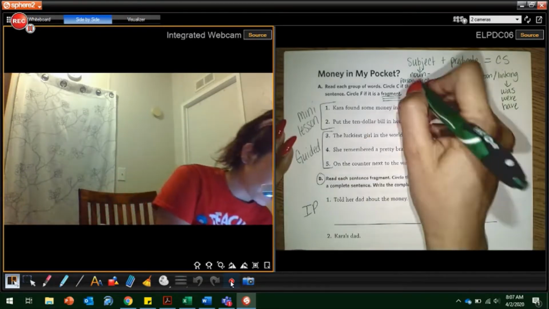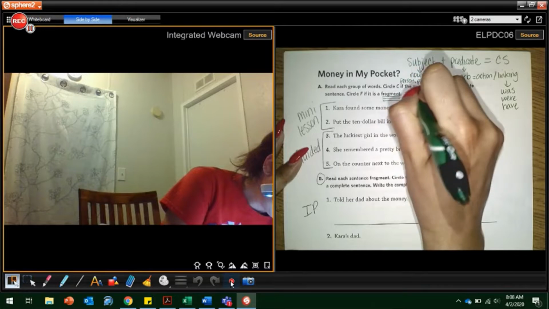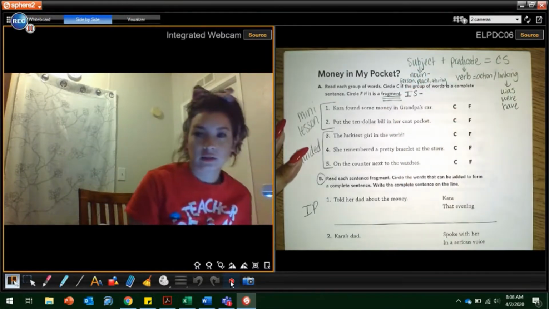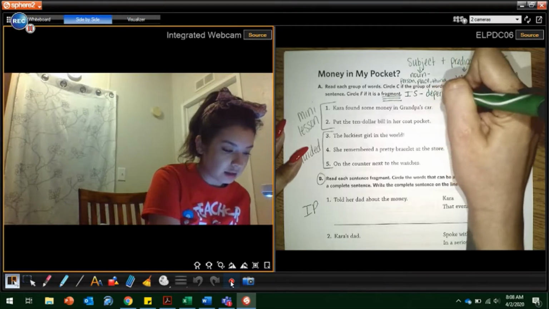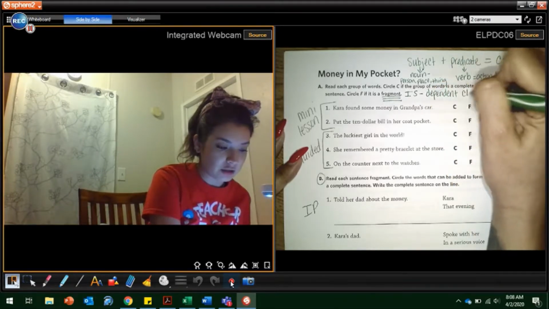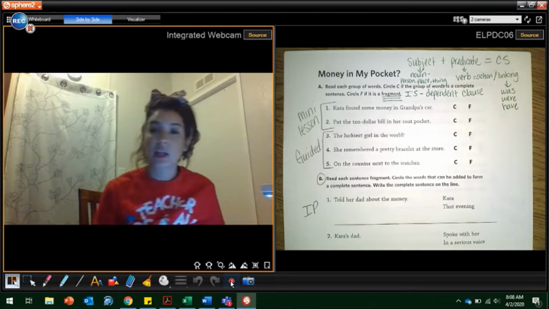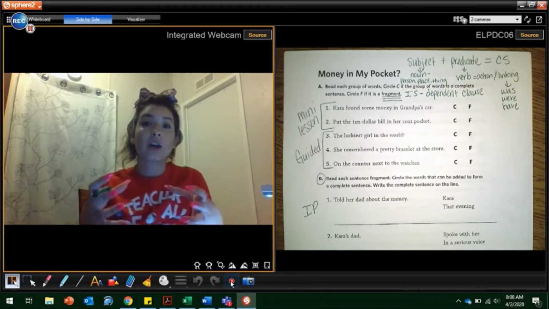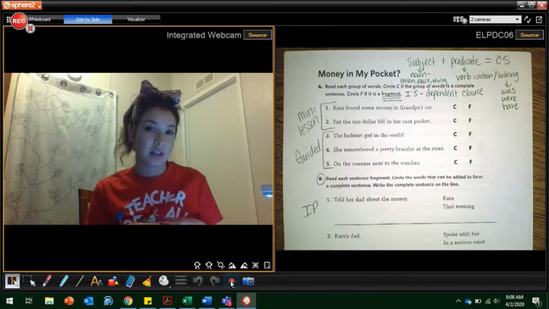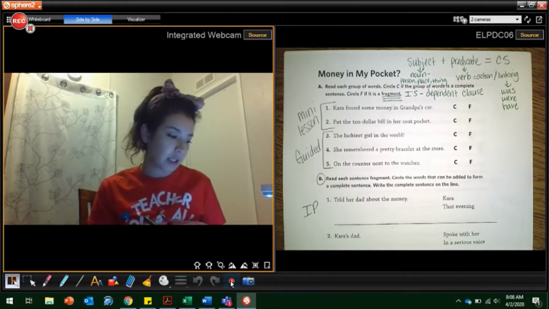So a fragment is an incomplete sentence. Or we can even call it a dependent clause, like we talked about yesterday with our complex sentences. Dependent clauses cannot stand alone. They are fragments. They are just a piece of a sentence. Therefore, they are not complete.